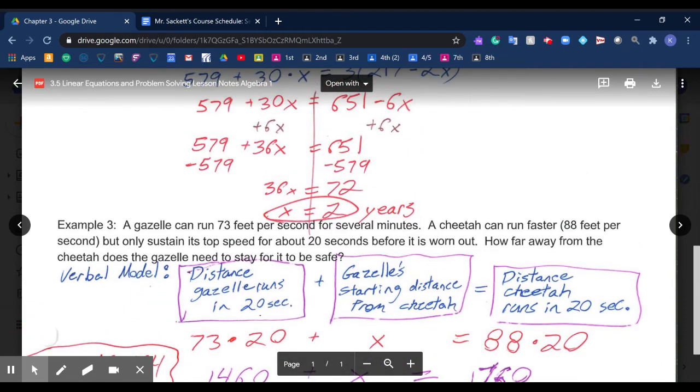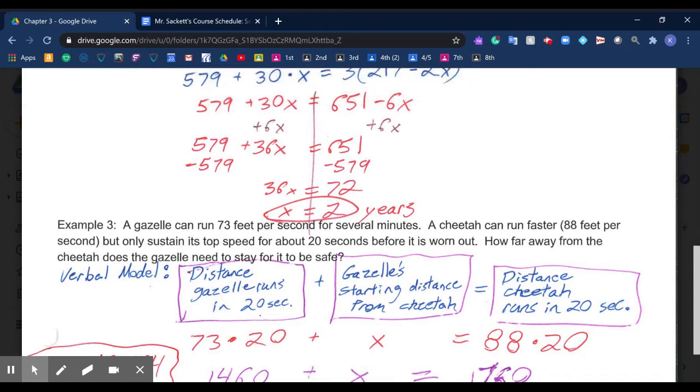So, example 3. A gazelle can run 73 feet per second for several minutes. A cheetah can run faster. The cheetah can run 88 feet per second, but only sustain the top speed for about 20 seconds before it's worn out.